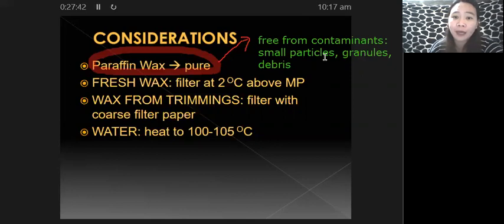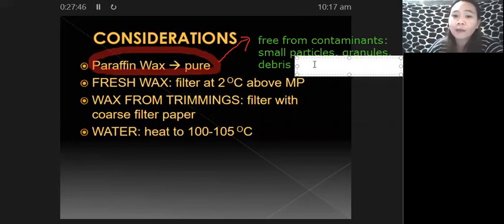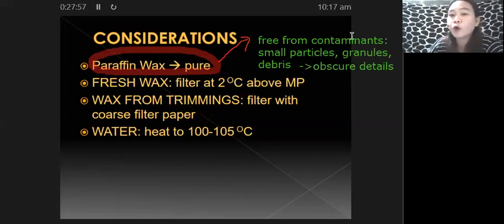The problem with that is these contaminants will tend to obscure anatomic details. So they will tend to obscure the anatomic details which should be observed by the pathologist. In English, papatungan niya, that's the meaning of obscure.